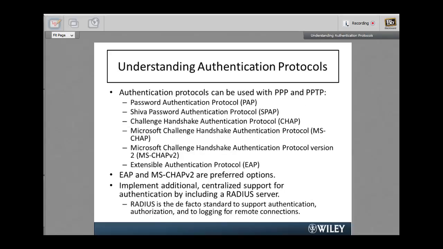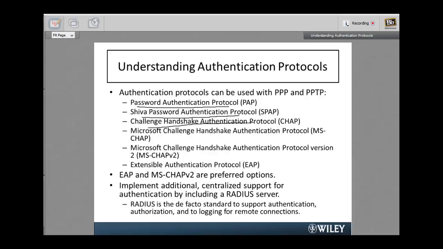So we come to authentication, understanding authentication protocols. Authentication protocols can be used with two protocols, PPP or PPTP, such as Password Authentication Protocol, Shiva Password Authentication Protocol, Challenge Handshake Authentication Protocol, and Microsoft Challenge Handshake Authentication Protocol.